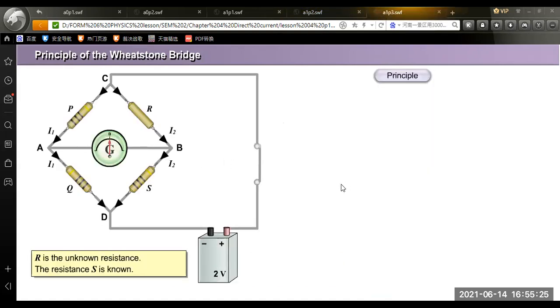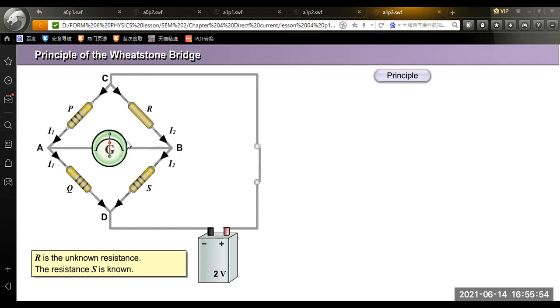Ladies and gentlemen, the connection of the resistors just now can be shown by the diagram. Consider CA and AD. The resistors P and Q are connected in series, where R and S are connected in series.